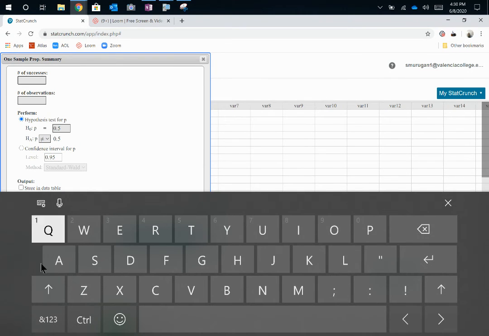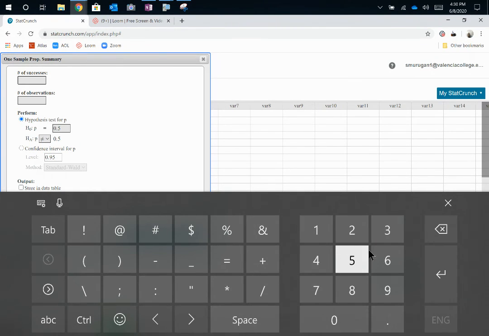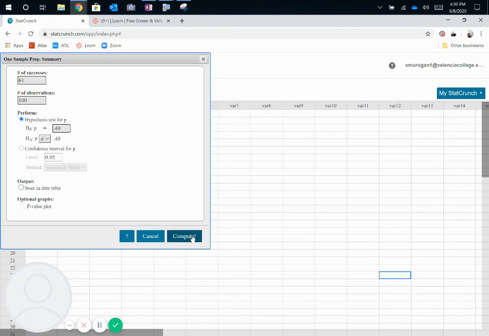So 61, and then the second number is 100. 0.49. And then not equal to 0.49. Okay, so two-tailed. Compute.